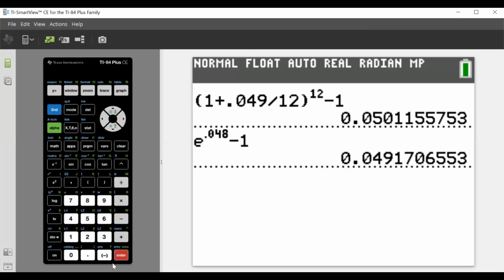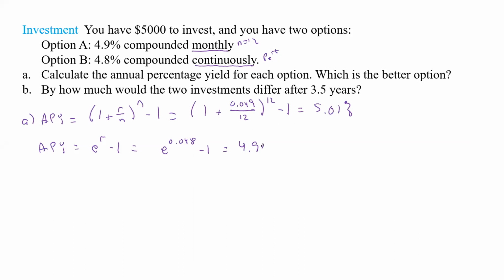And so we have 4.92%. Okay. So which is the better option? Well, it appears that one's the better option, APY, because when we get done with all the compounding, the APY considers all the interest you're going to earn. And so that one is higher than this one. And so that's the better option.